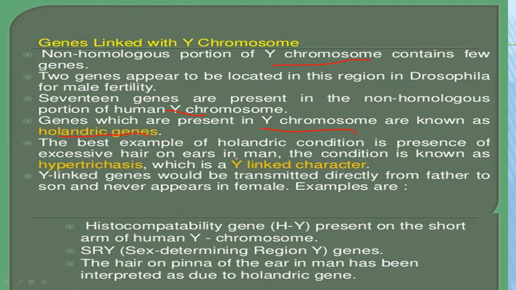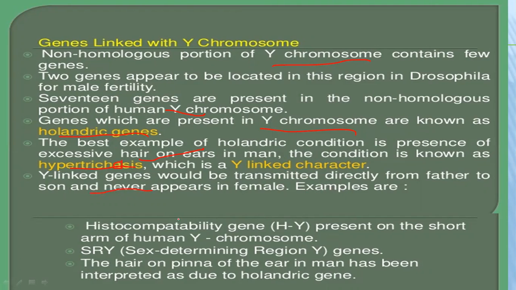The best example of holandric genes is excessive hair on the ear in men, a condition called hypertrichosis. That is a Y-linked character which transfers from male to male. It never goes to the female. It is transmitted directly from father to son and never appears in the female.